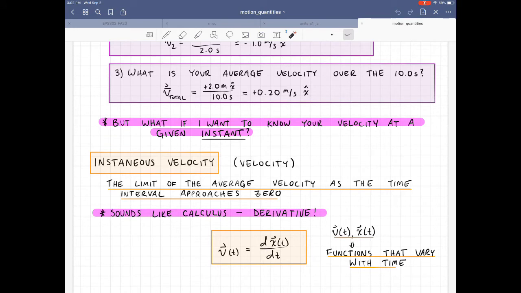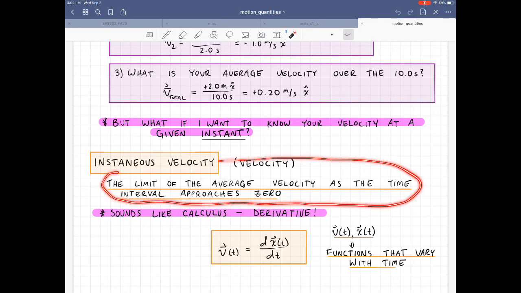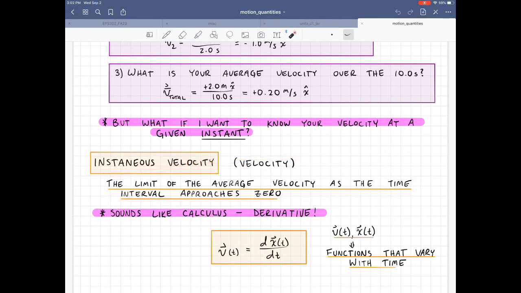So the instantaneous velocity, if you look at this definition here, it's the limit of the average velocity as the time interval approaches 0. And if you've taken a calculus course recently or even in the past, you should recognize that language. The interval approaches 0, that sounds like calculus speak. That's actually a derivative.